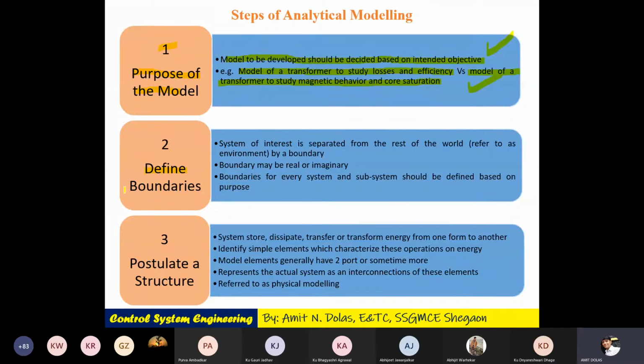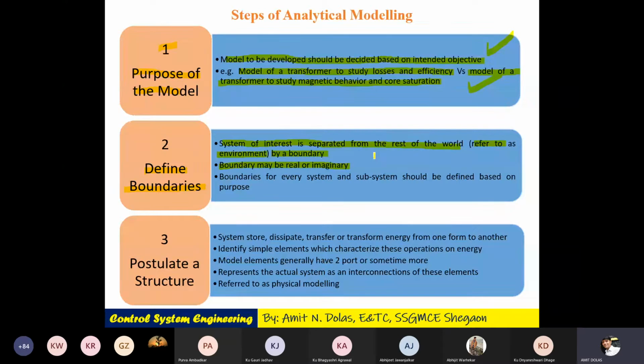Then define boundaries. Next step, the system of interest is separated from the rest of the world, referred to as environment, by a boundary. Boundaries may be real or imaginary. जैसे कि if we are designing, say, our system is a room AC, we have to think of the boundaries.